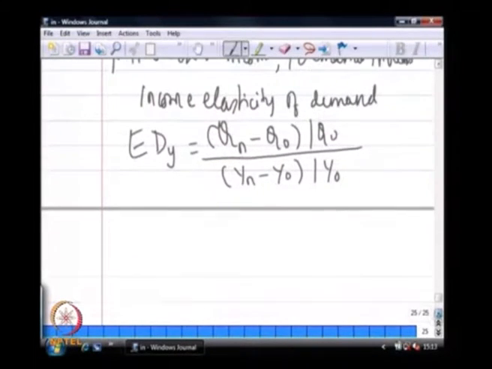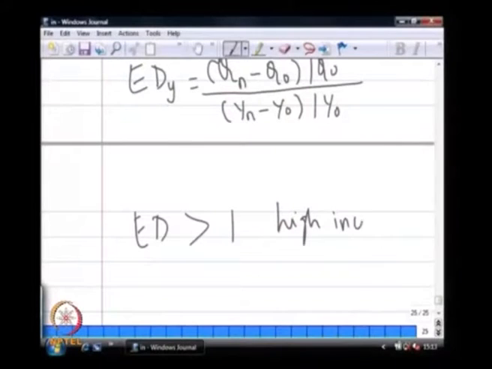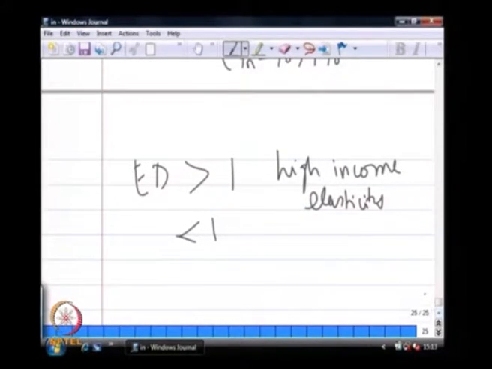Now, if income elasticity of demand is greater than 1, then the demand for the item is considered to have a high income elasticity, and if it is less than 1, the demand is considered to be income inelastic.